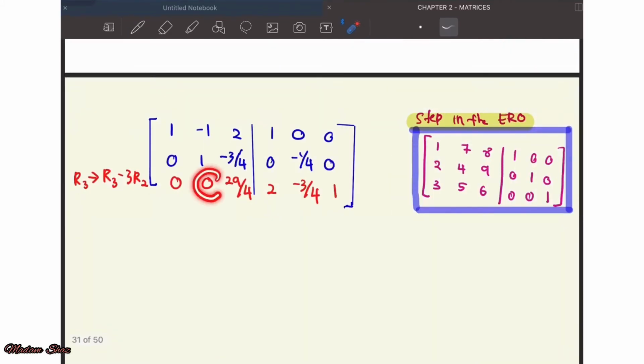So we have finished step number 5. We have changed this position become 0.